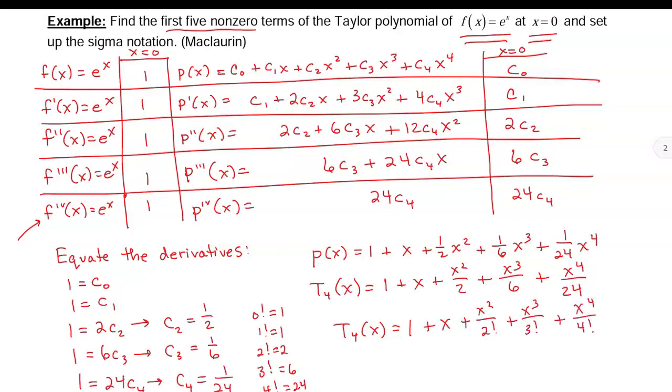And we have to set up the sigma notation for that. So the first few terms did start with n factorial on the bottom, and the numerator will be x to the n power. So that is our sigma notation or our summation notation for this series.